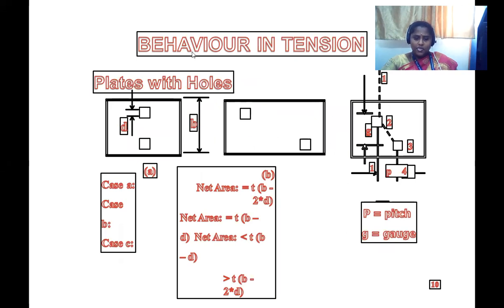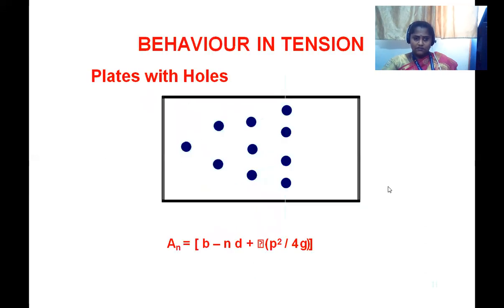And this is the plate with holes. Here you could see plates with staggered bolt holes. What is the difference between staggered and concentric straight?